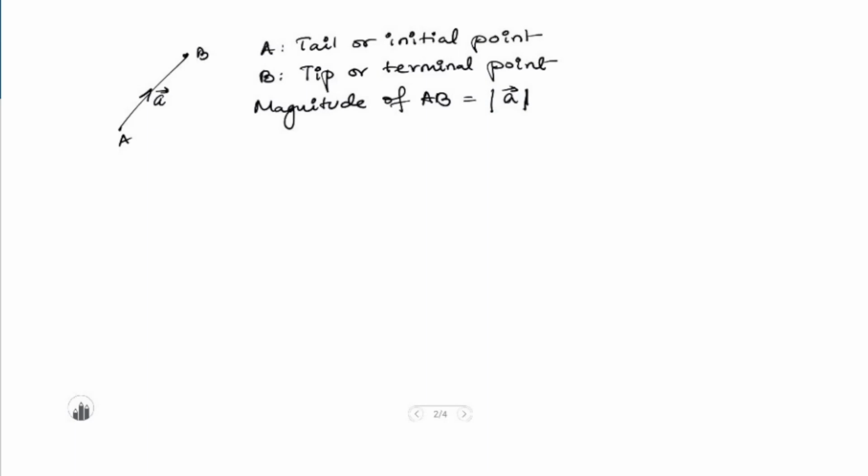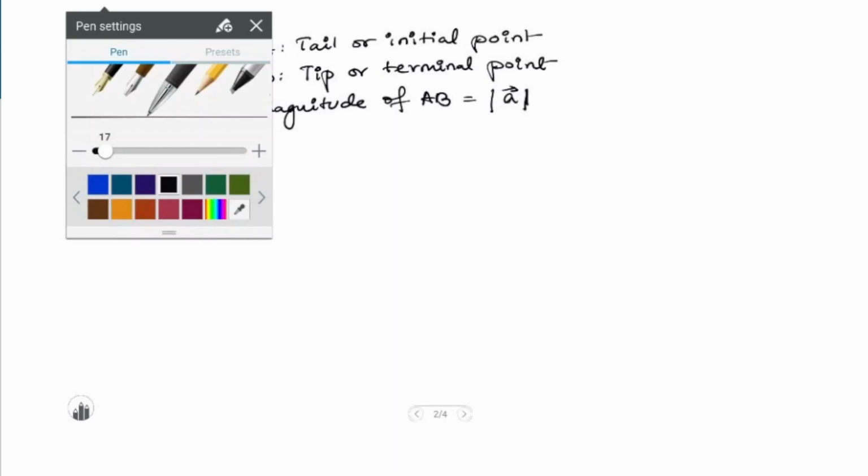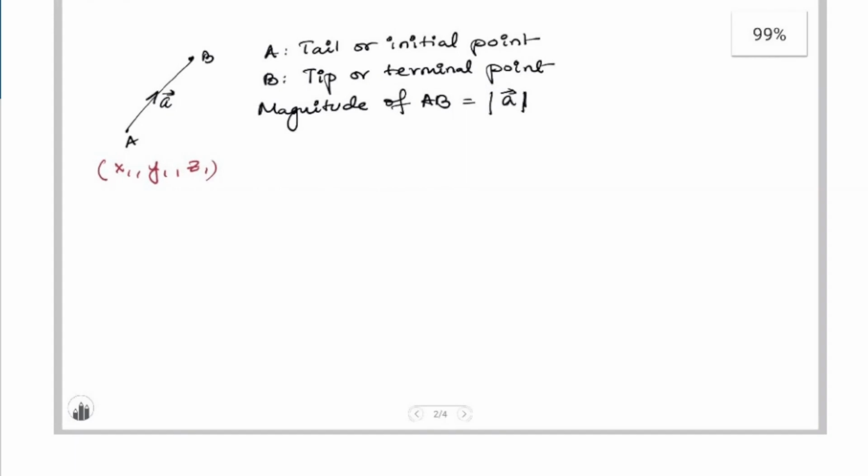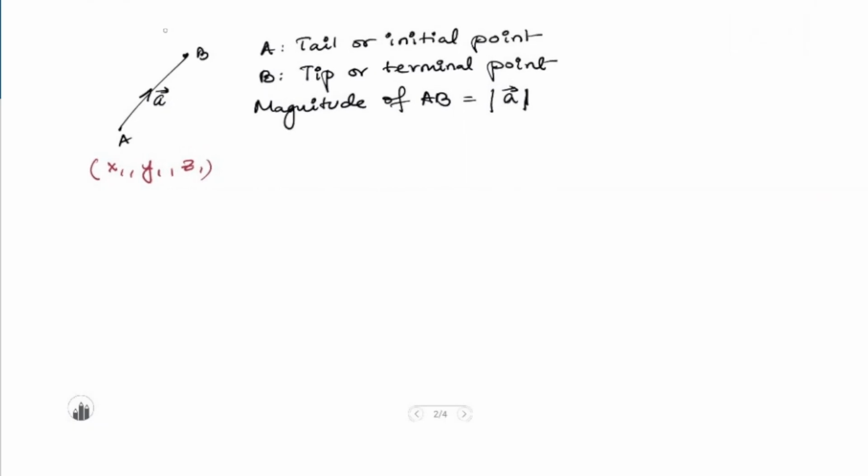So let's say we are given the 2 points A and B. Here, A is given as x1, comma y1, comma z1, and B is given as x2, comma y2, comma z2.